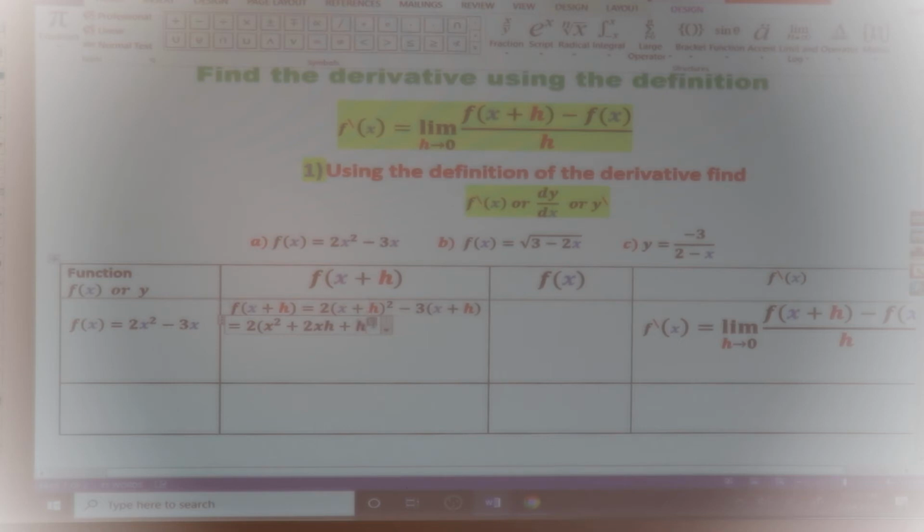Close your parentheses. Now x is blue and h is red.